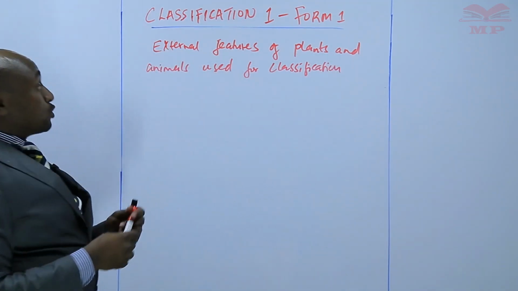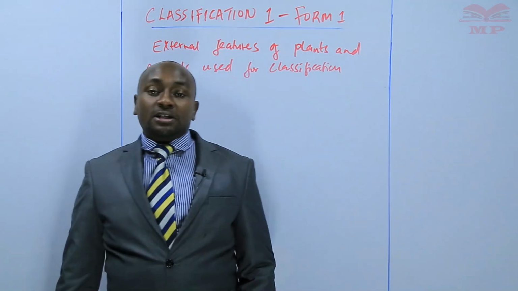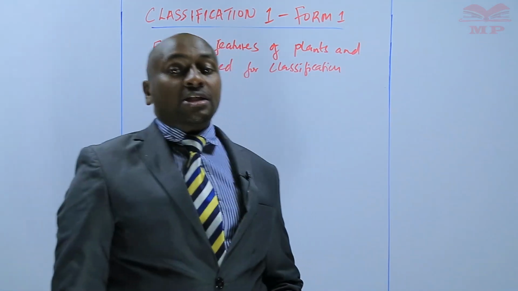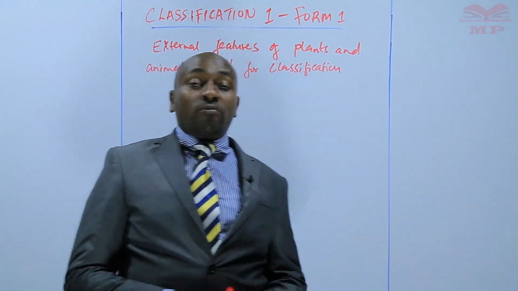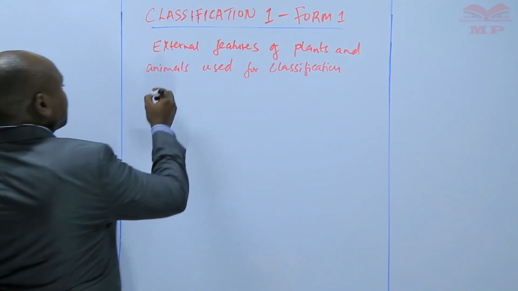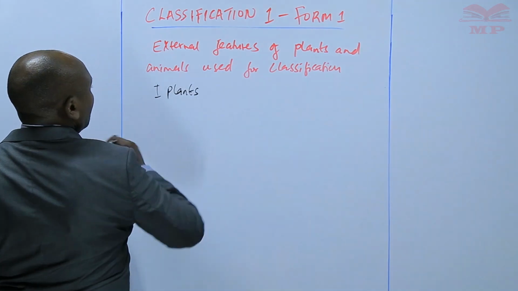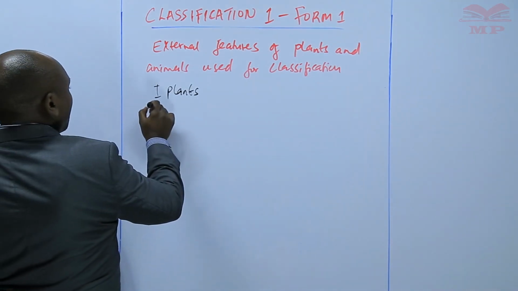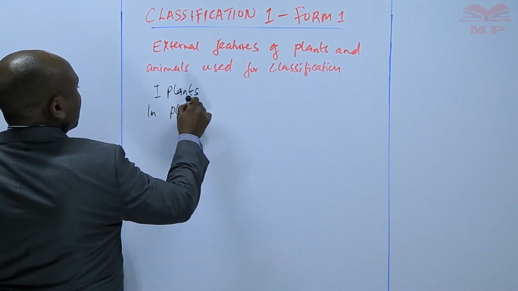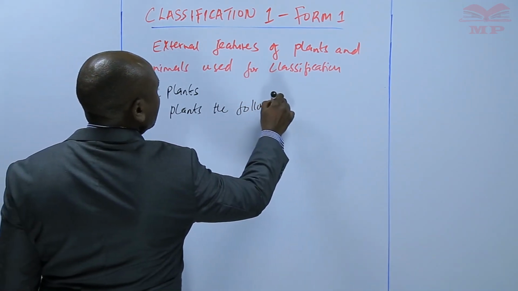So it is important to ask ourselves which are the external features that are used during the classification of plants and animals. So we'll start with the plants. And we say that in plants, the following features are used.